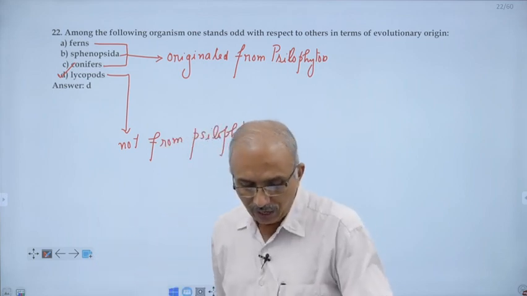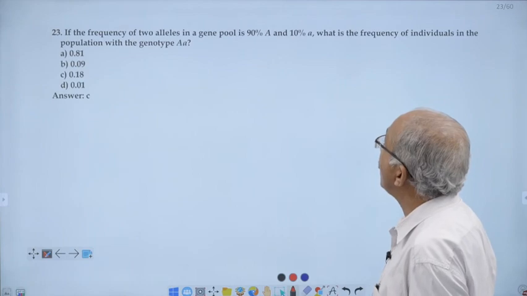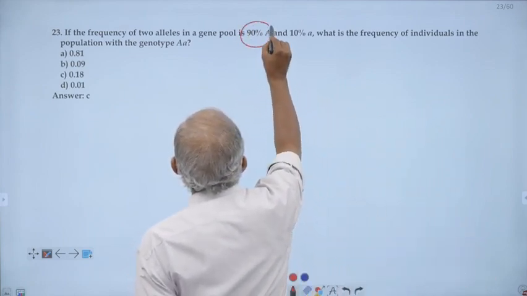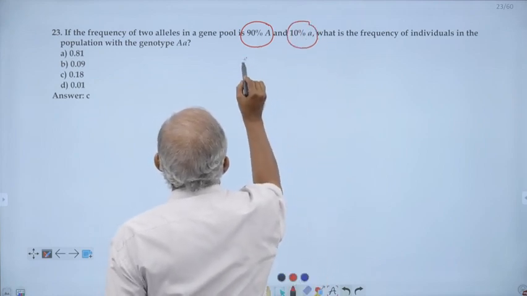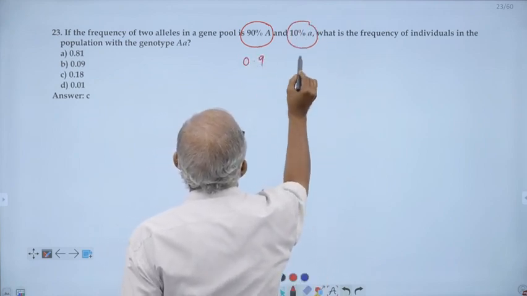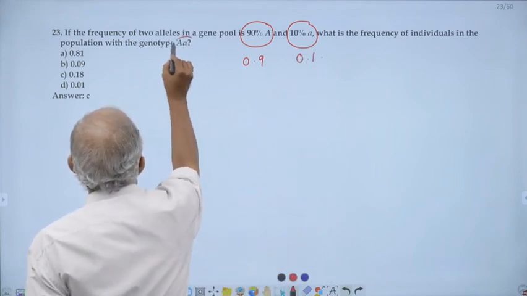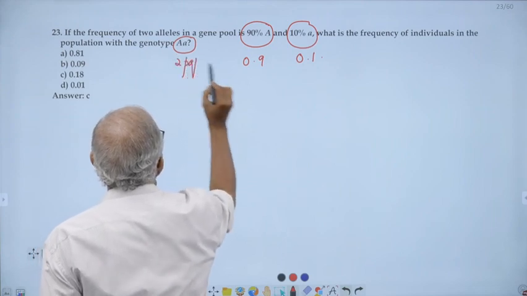Now, next is again Hardy-Weinberg equilibrium. If the gene pool A is 90%, small a 10%, the frequency is 0.9. Here the frequency is 0.1. What is the heterozygous individual frequency? It is 2pq.